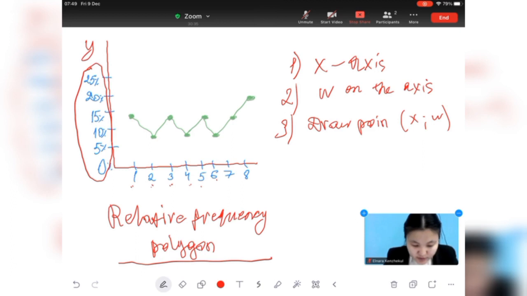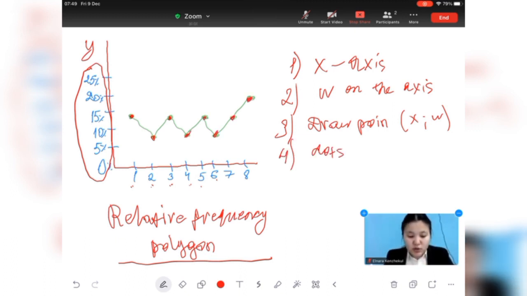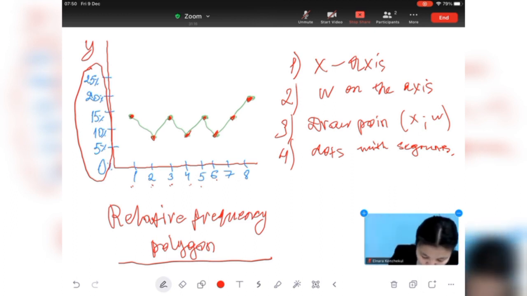We get the point of intersection of omega and x. Fourth, connect the dots with segments. And if we connect these points, a broken line will appear.